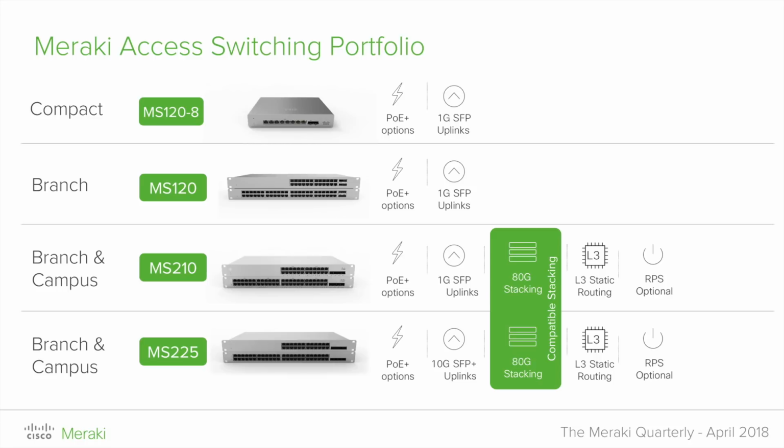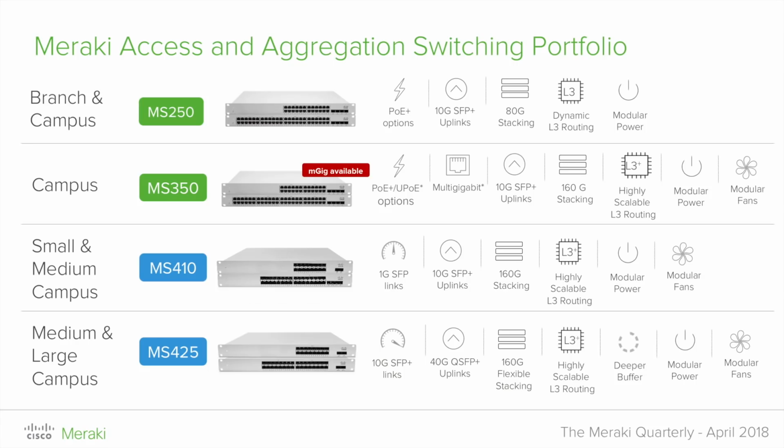Now, with that being said, just to show our full lineup today, specifically here on the access switching side, our MS120s being our base layer 2 switch, and then moving up to our MS210s and MS225 for our layer 2 stackable switches. For our higher end access and aggregation, we have our 250 also stackable, our 350 really that workhorse access switch for those high density, high availability deployments that require resiliency in the network. The 350 is definitely a great option there as well.